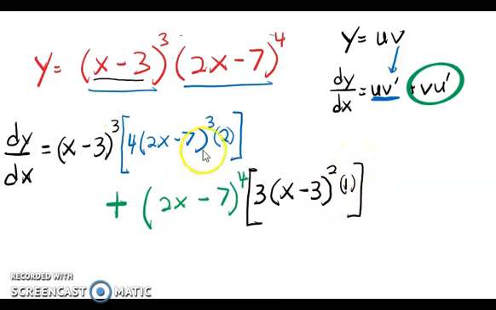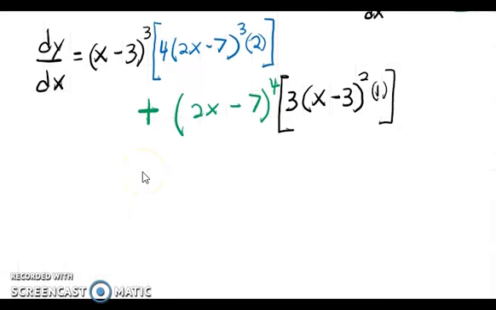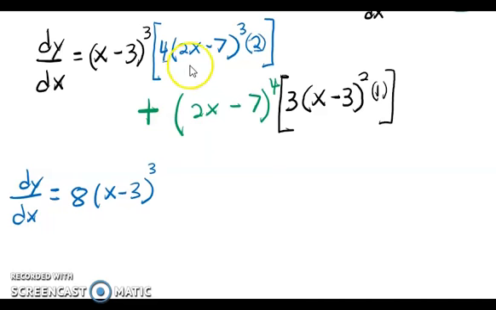Now we are going to simplify this answer. When we simplify, we will get dy/dx equals, here's 2 and here's 4, we can make it 8, 8(x minus 3) to the power of 3, and just copy this (2x minus 7) to the power of 3.